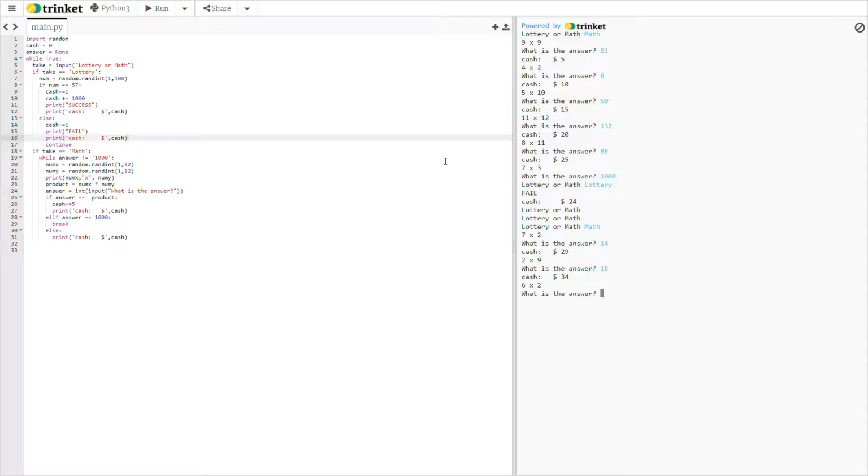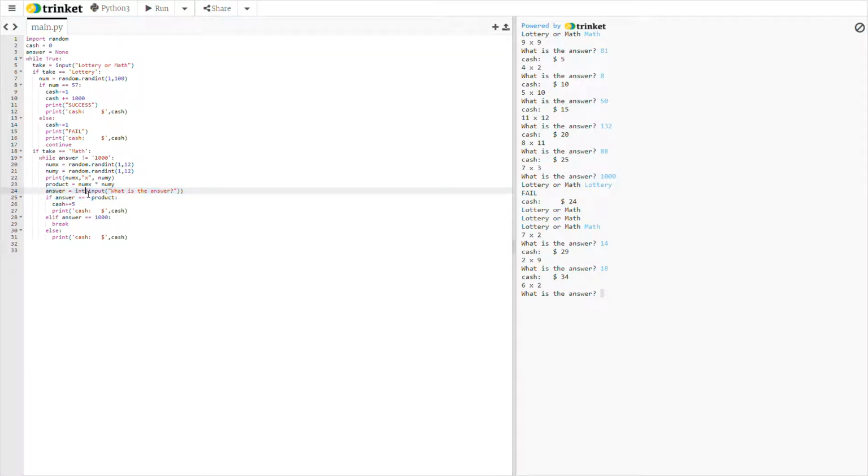If the answer is equal to 1,000, then that just means break, because 12 times 12 is the largest equation you can make with numbers up to 12, and that's less than 1,000 of course, so we're just using that as a quit. You're probably wondering why we don't just type quit. Well, we prompt the input as an integer.